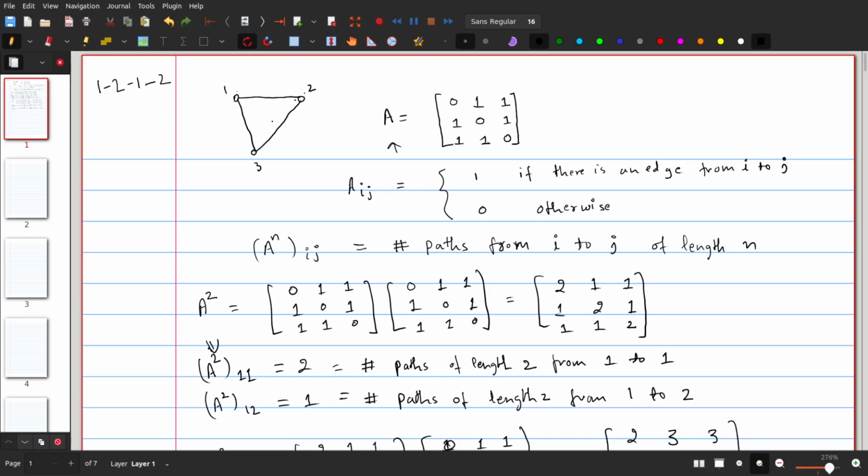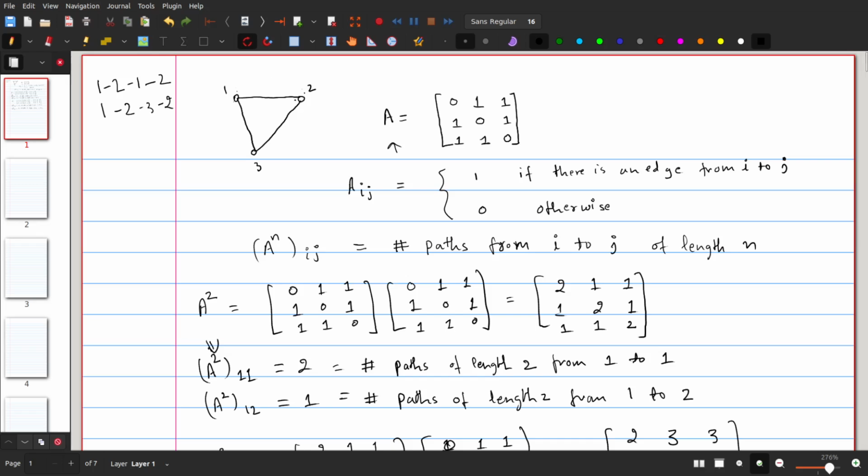Now, what is another path of length 3 from 1 to 2? We go from 1 to 2, then we go to 3, and then we again go to 2.